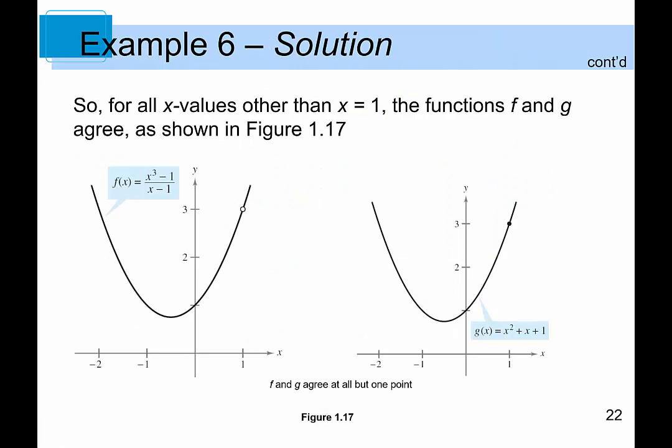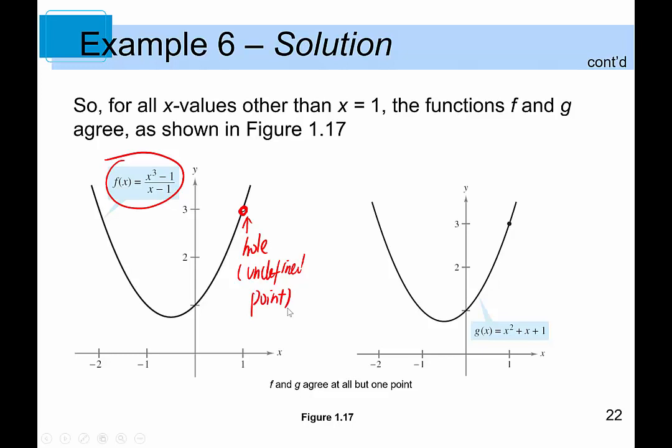So this is basically the graphical interpretation of the previous example. As you can see, this is the function x cubed minus 1 over x minus 1. So it's undefined at x equals 1. So that's a hole there, meaning an undefined point.